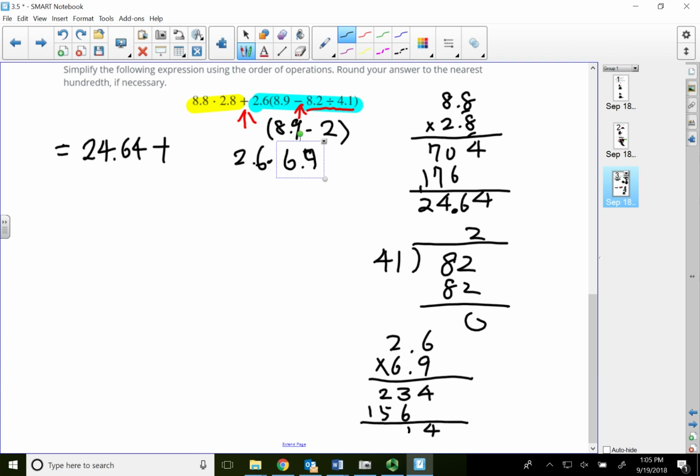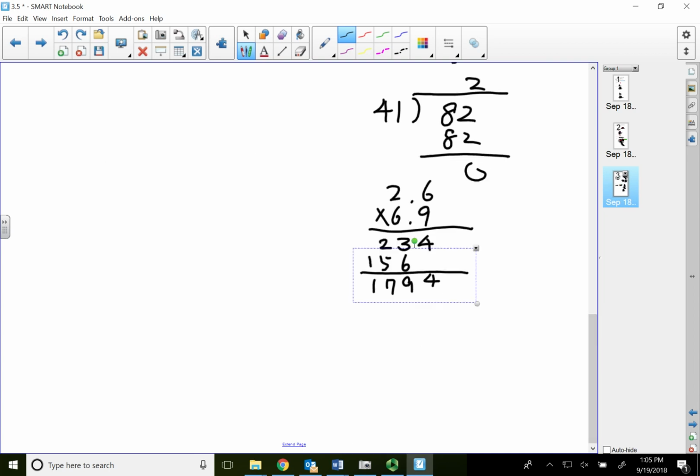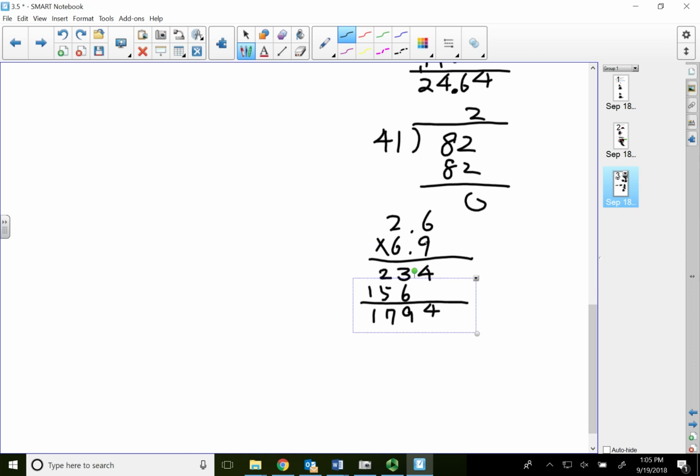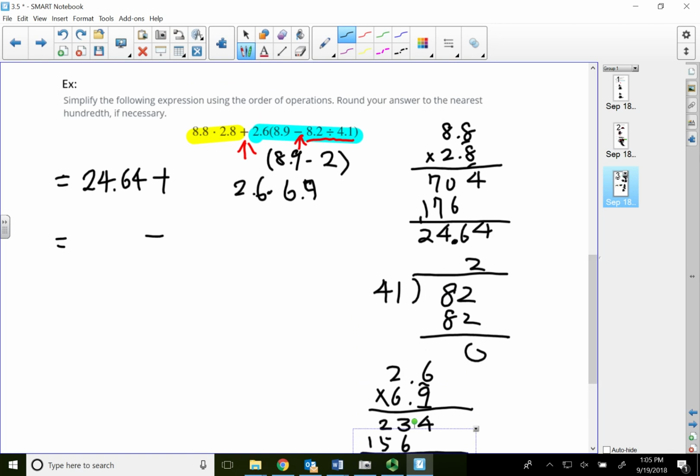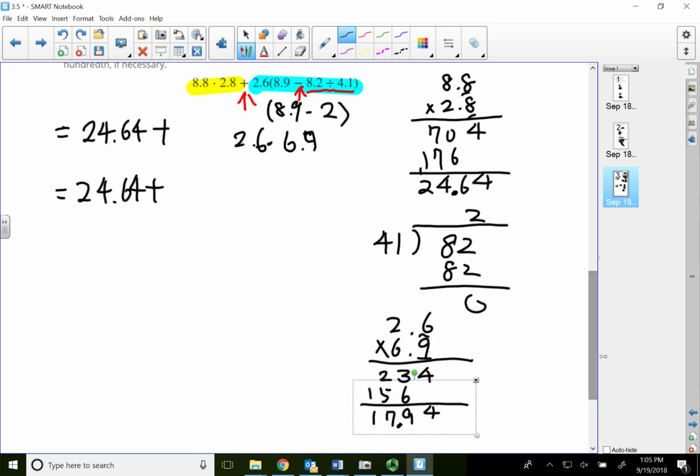That's 4, 9, 7, 1. Count 2 decimal places backwards, and that will be 17.94. So my first term is still 24.64, and what comes out of the blue turns out to be 17.94.